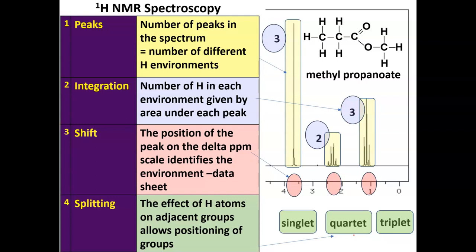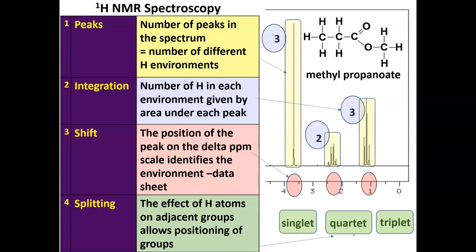First of all, as you can see, the 3 distinct separate peaks, and I've shaded them in yellow because obviously you can see that tells us the number of different proton environments, and clearly there are 3 in this compound. Now, different from carbon spectra, we have a number.